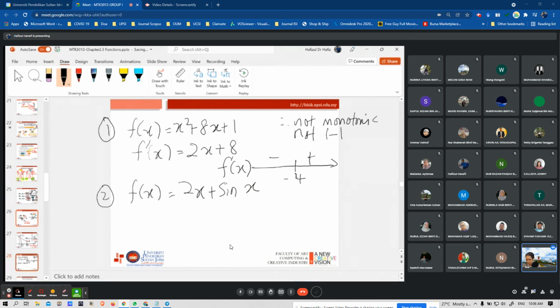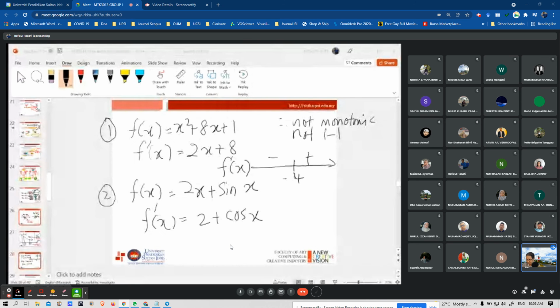Okay, and then for this one we have f(x) equal to 2 plus cosine x, which is greater than 0. Okay, if you have the range, then yes, we can say this one is monotonic and has one-to-one relationship.